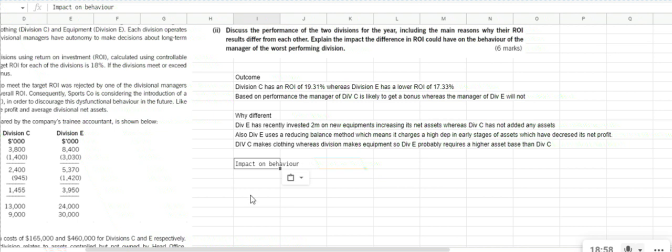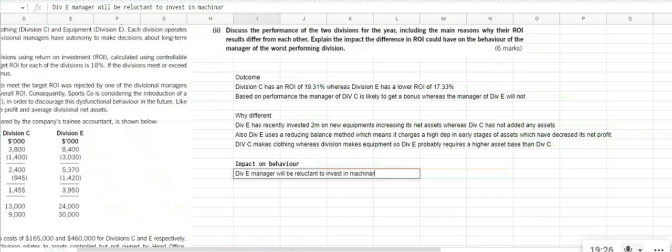So what impact could this have? The third thing we're talking about is the impact on behavior. As we can see, the division E manager will be reluctant to invest in new machinery in the future.